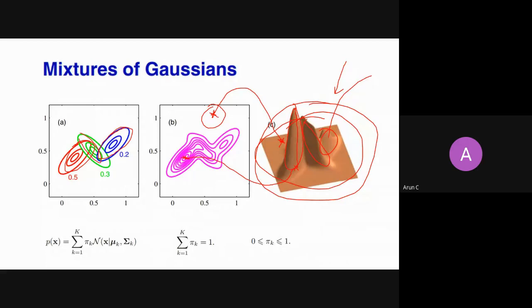Now if this point is sitting here, let's say it is very near to this blue one, right? Because it is very near to this blue cluster, the probability of belongingness to this is very high. But as I said, it is a probabilistic interpretation.